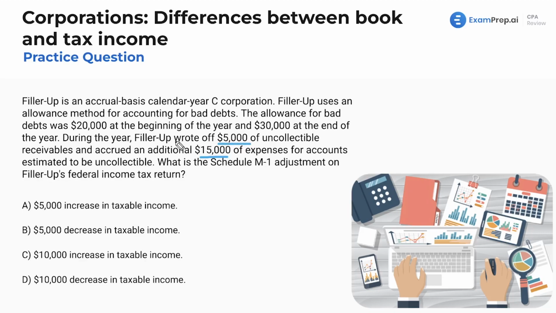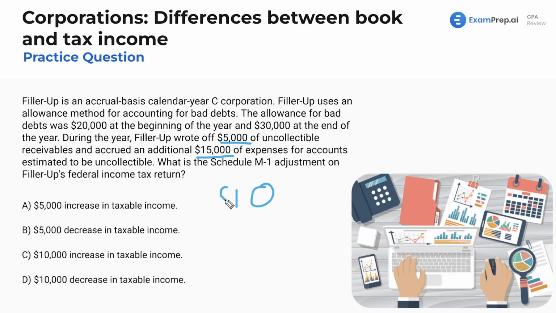And what is the difference here? During the year, they actually wrote off $5,000, meaning it could actually happen, whereas under the allowance method, we have $15,000. So the difference here is going to be $10,000. As we see, $15,000 was recorded for our book purposes, $5,000 was recorded for our tax purposes, so we're going to have a difference of $10,000.